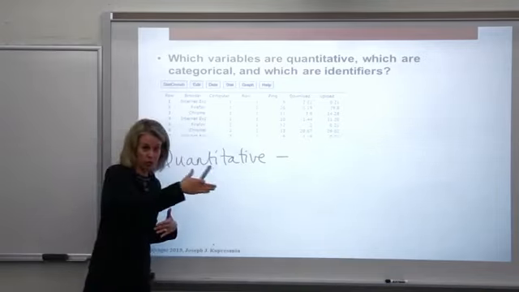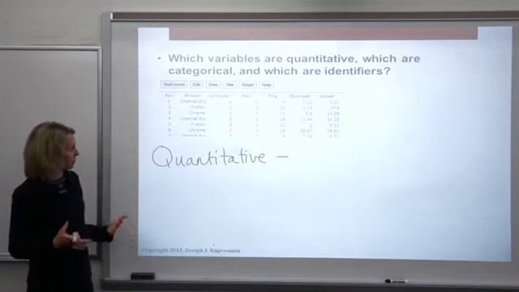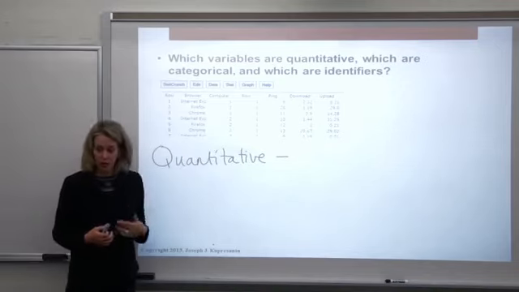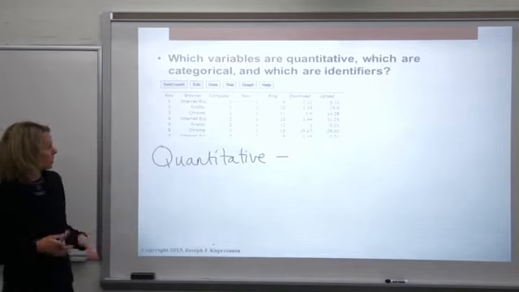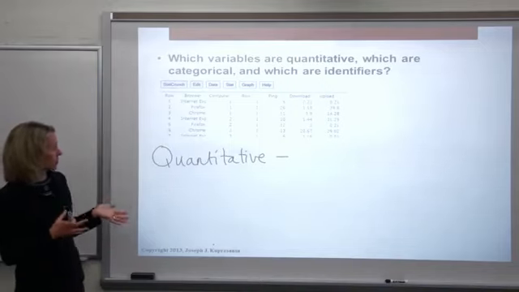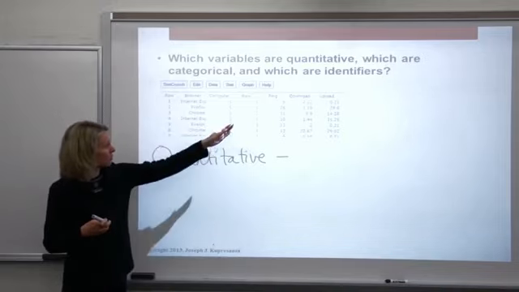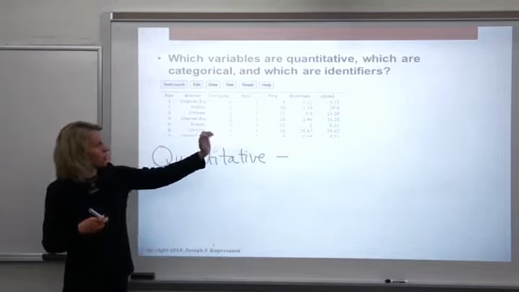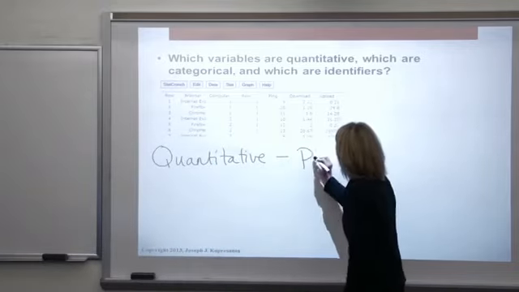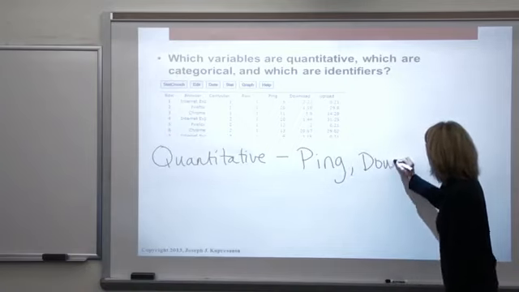Row is the actual physical row in the classroom that the computer was in. We wouldn't compute the average row, so that's not quantitative either. Ping, though, that measures the internet speed. We could compute the average speed. We could compute the average download time as well as the average upload time. So the last 3 here are our quantitative variables. Ping, download, and upload.